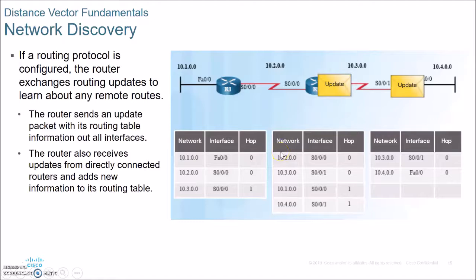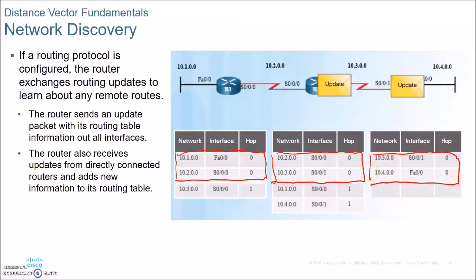Let's highlight the initial routing tables so that it's clearer. This was the initial routing table for R1, this was the initial routing table for R2, and this is the initial routing table for R3. So these two networks were sent as routing updates to R2. R2 will check 10.1.0, is it in my original routing table?